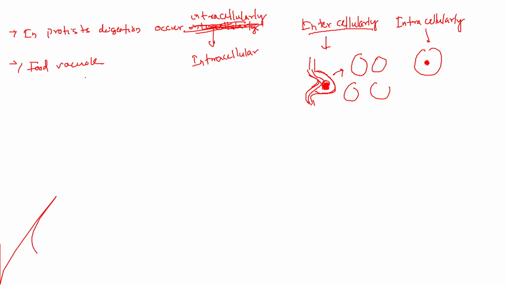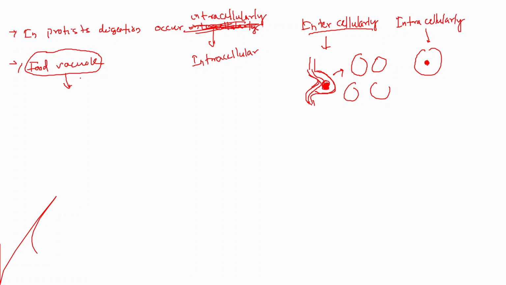So as I said, digestion is intracellular, and it occurs in the food vacuole. The food vacuole is the organelle for intracellular digestion.